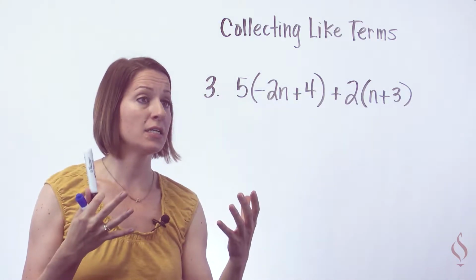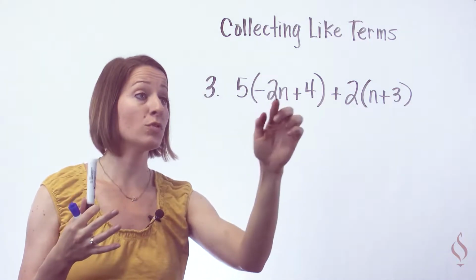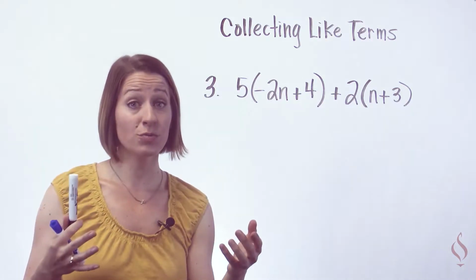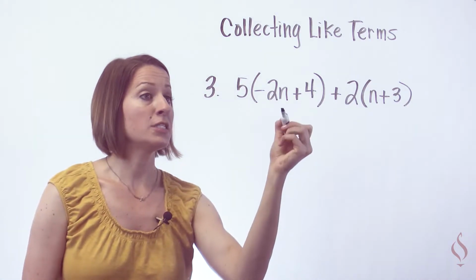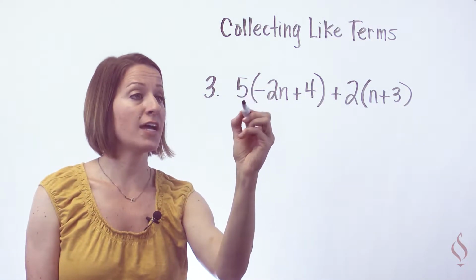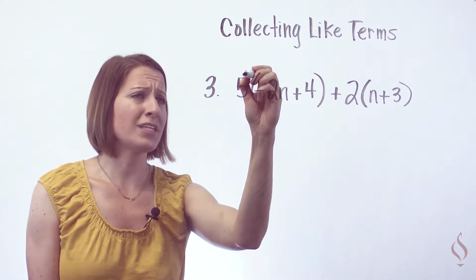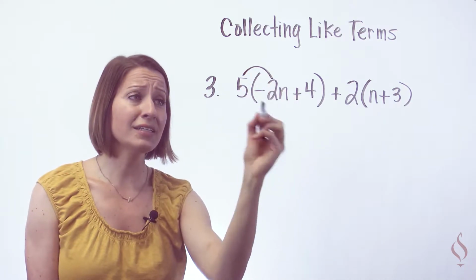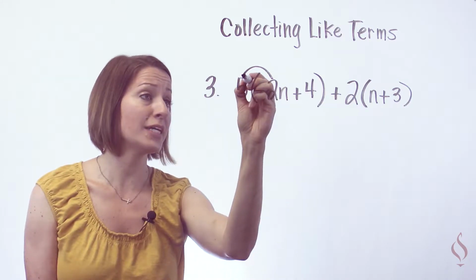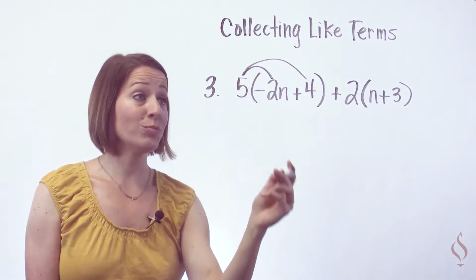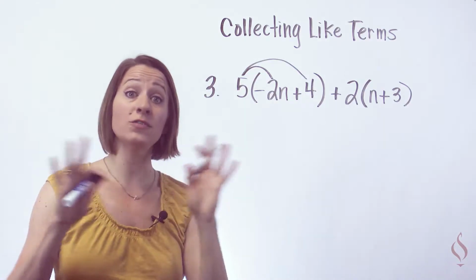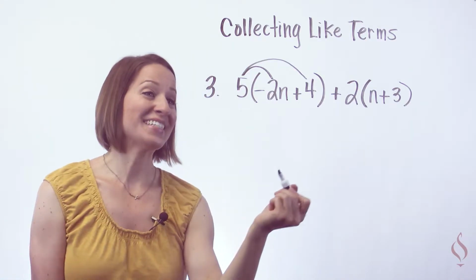And this idea that we're about to do, we're about to multiply through, is called the distributive property. So what we're going to do is we're going to take this 5 and we're going to multiply it twice. Some people find it easier to draw a line to connect the two that you're multiplying. If that helps you, I think you should totally do it. If it confuses you, don't do it at all.